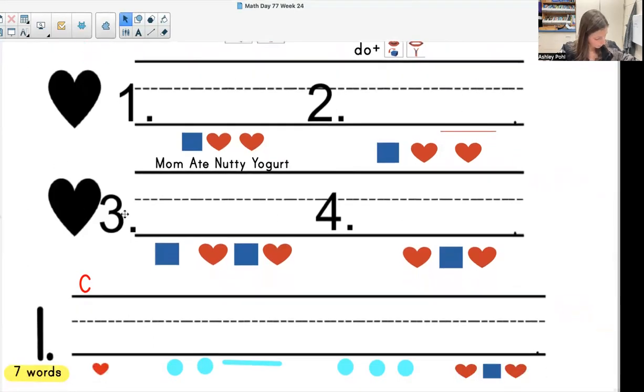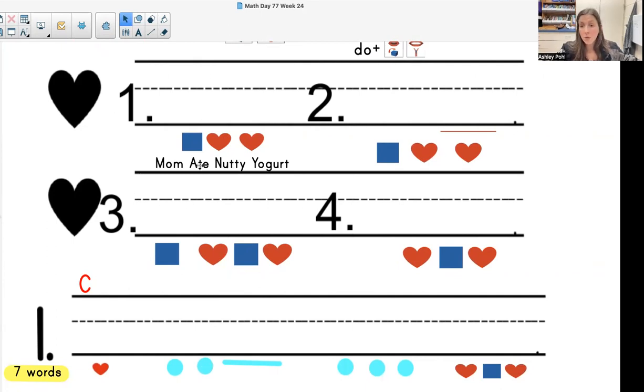Heart word number 3 is the word many. Now I have a little tricky spelling here for you. Mom ate nutty yogurt. Mom ate nutty yogurt.